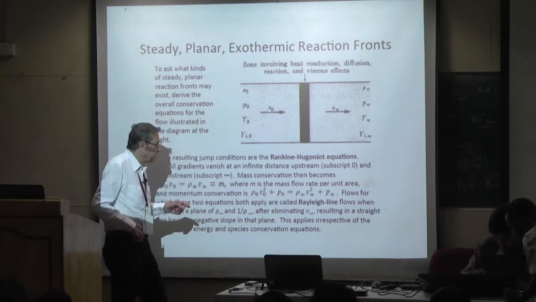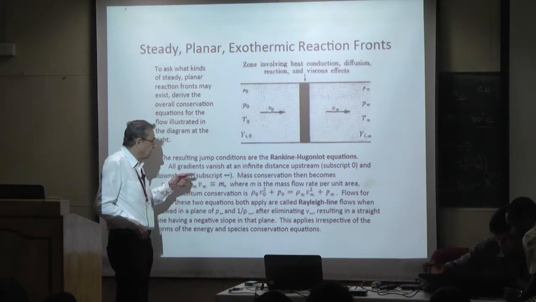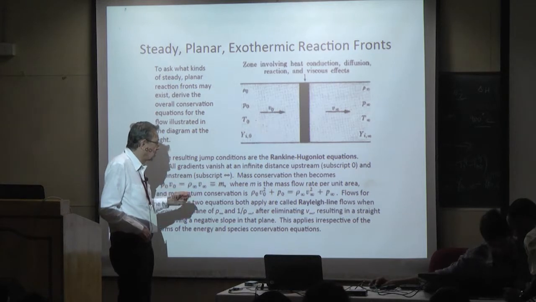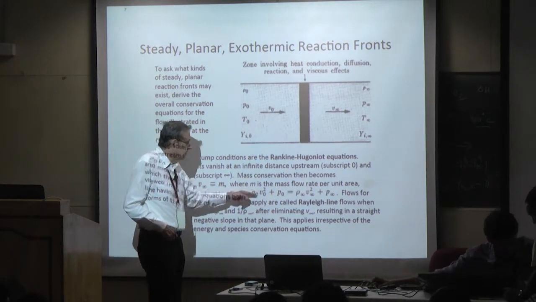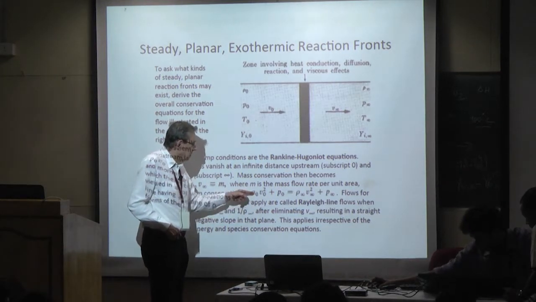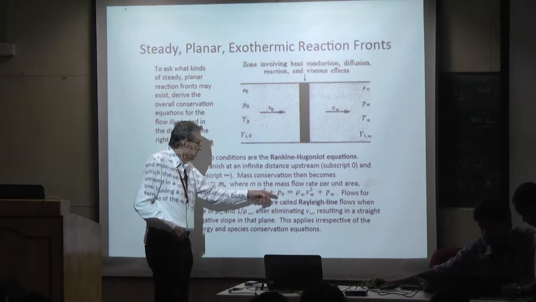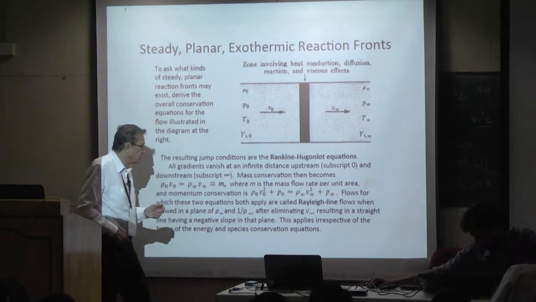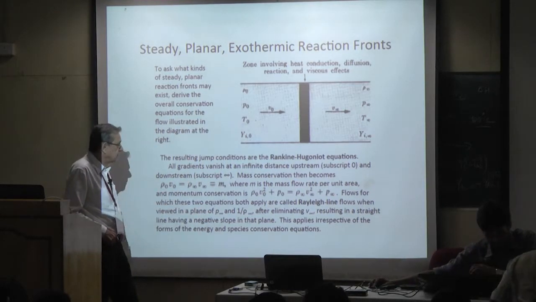They're the only remaining terms when the viscous effects are gone, so the upstream rho v squared plus pressure is the same as the downstream rho v squared plus pressure.